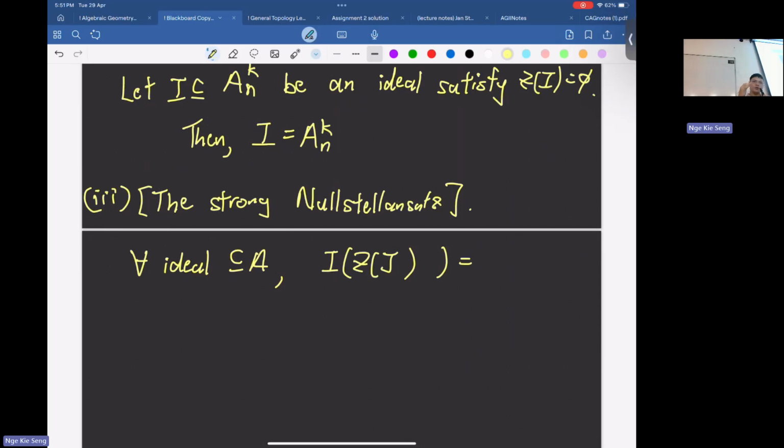But to show equality here, the right thing to put here is the square root of J, which is the radical of J. Kind of makes sense, right? Just now I showed you the example, a product of powers of Fi. If your point vanishes on those functions, it should already vanish on each of the Fi.